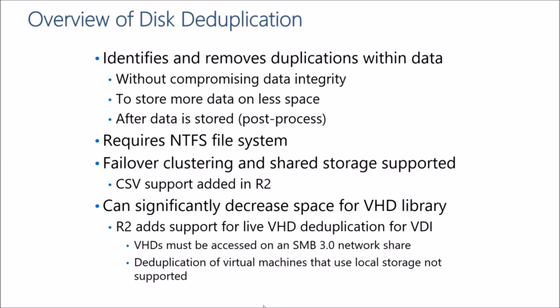So what data deduplication does is it scans your storage and looks for duplicates, not by the file name or where it's stored. It's actually looking at the bit level to see if they're the same. If they are the same, it will remove the other copies and just keep one and reference it from wherever it's stored. So you still store it where you want to, but really you're accessing it from the same place.